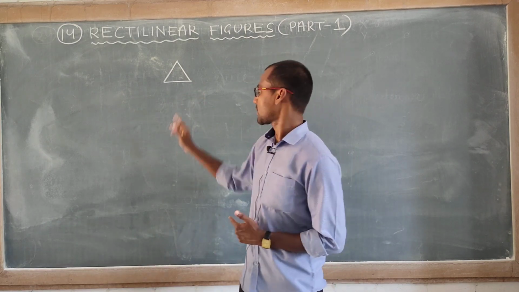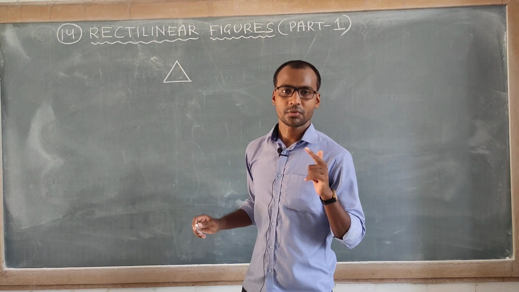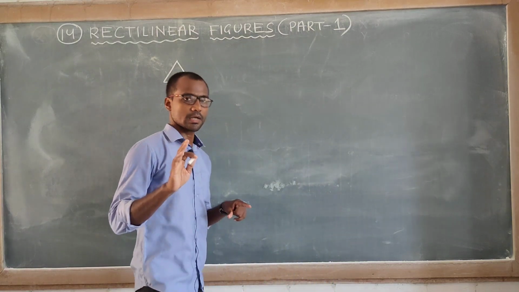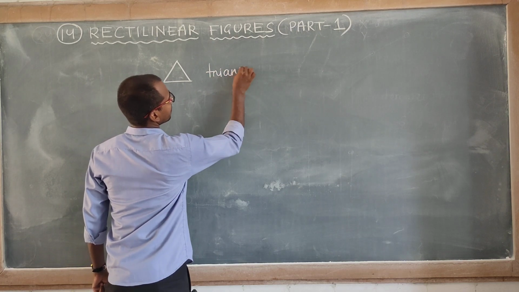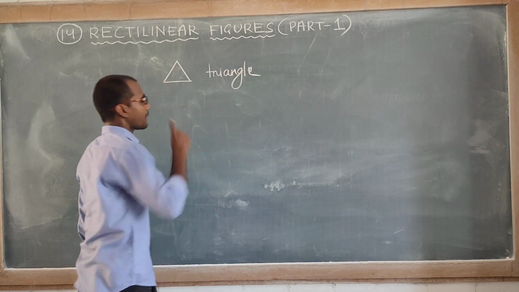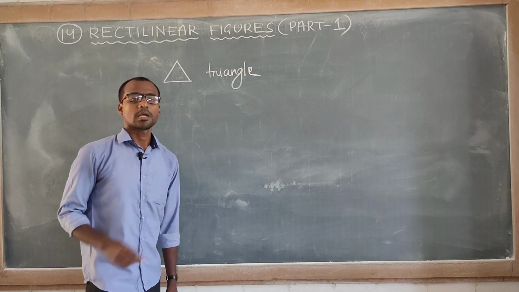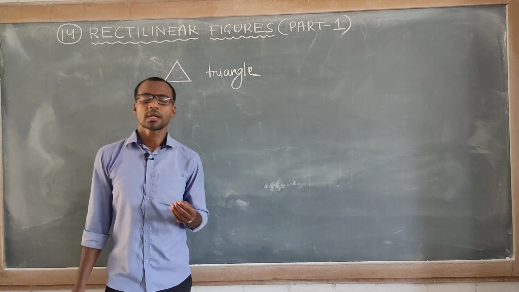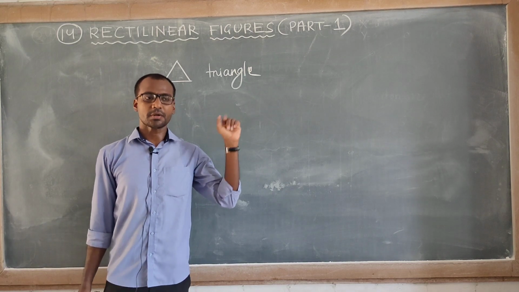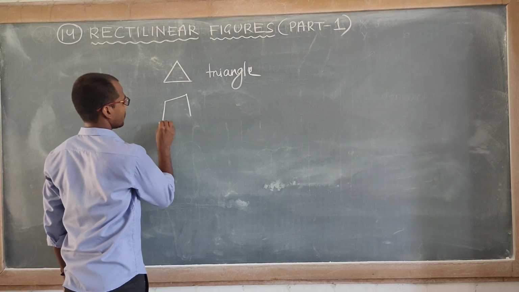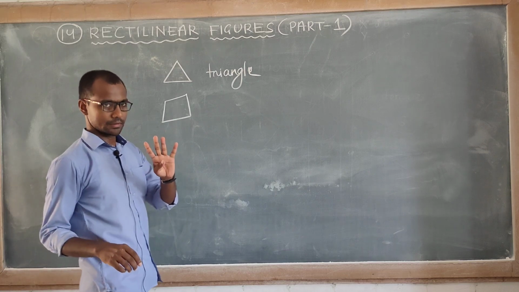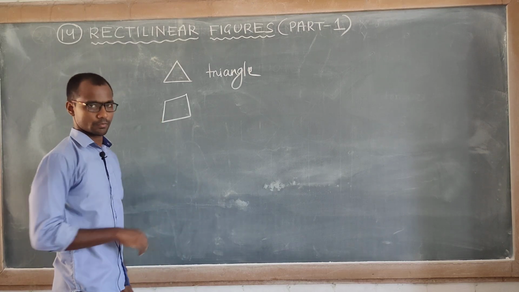But you are familiar with this figure. This is called a triangle. So remember, every triangle is a polygon. In fact, the polygon having minimum number of sides is a triangle. Next we can have 4 sides. It is also a polygon.